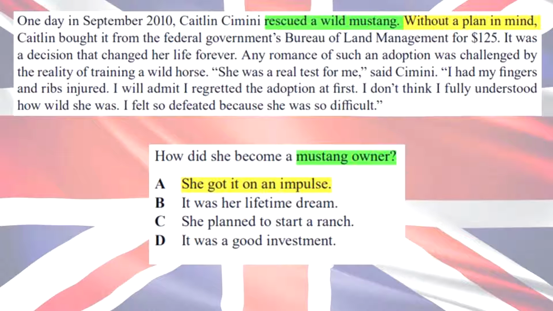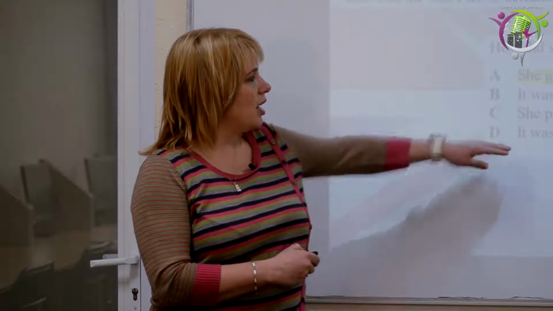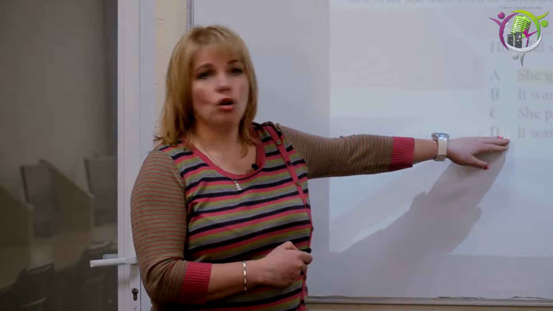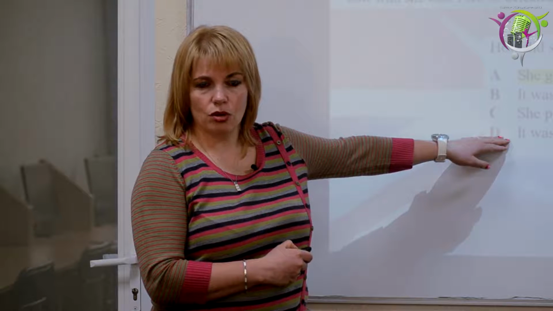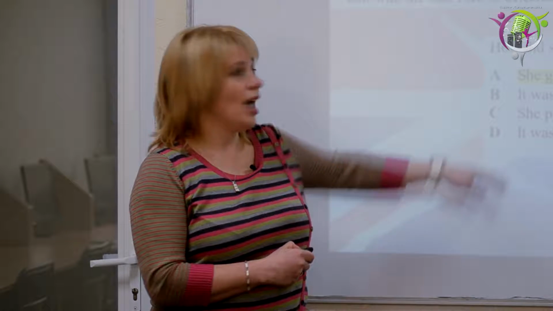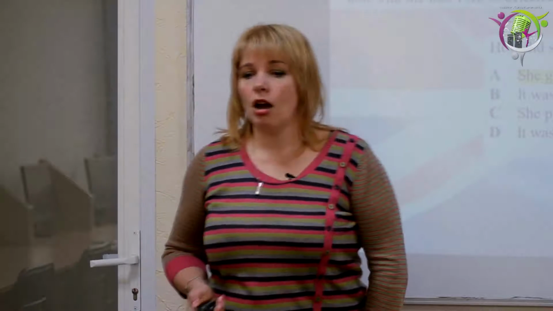Without a plan in mind, which means she got it on an impulse. If it's without a plan, you don't plan it, you do it impulsively, on the spur of the moment, right? So here, the correct answer is A. So read again the text carefully, eliminate the answers which are not likely to be true, and then choose the best option, okay?